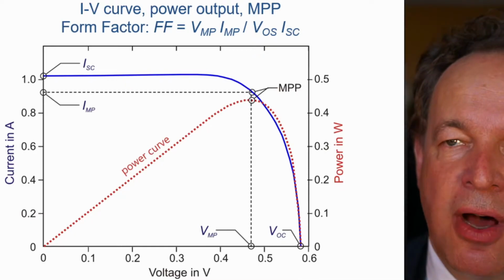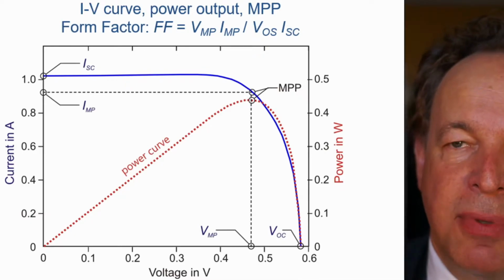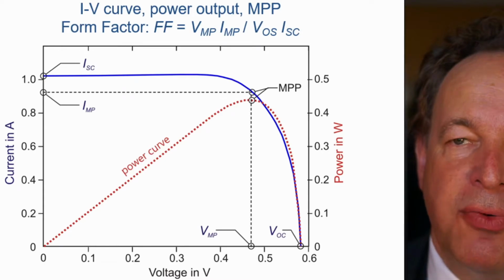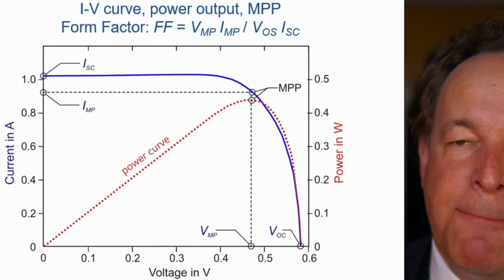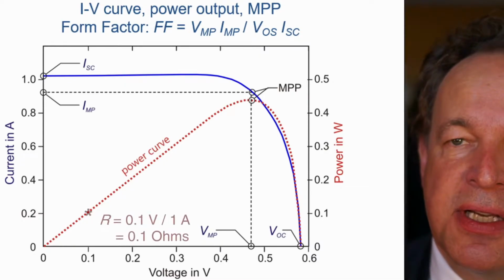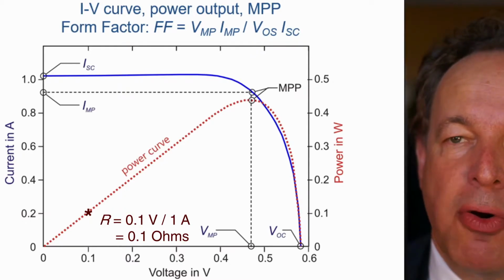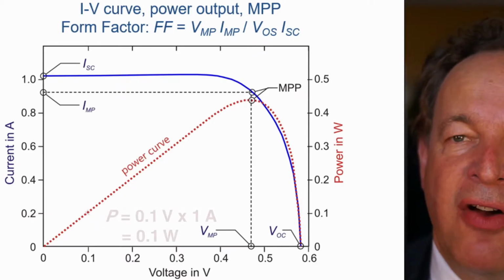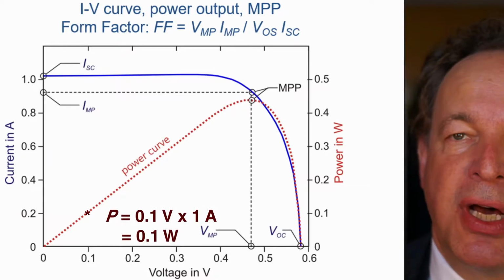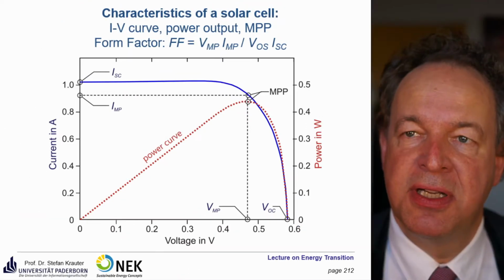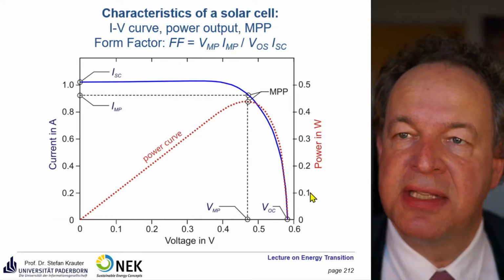If you increase the ohmic load, for example to a voltage of 0.1 volts, you still have about 1 amp as current. That means the attached resistance is 0.1 divided by 1, which is 0.1 ohms, and you have a power of about 100 milliwatts. You see it here on the right side, that's the power, 0.1 watts.